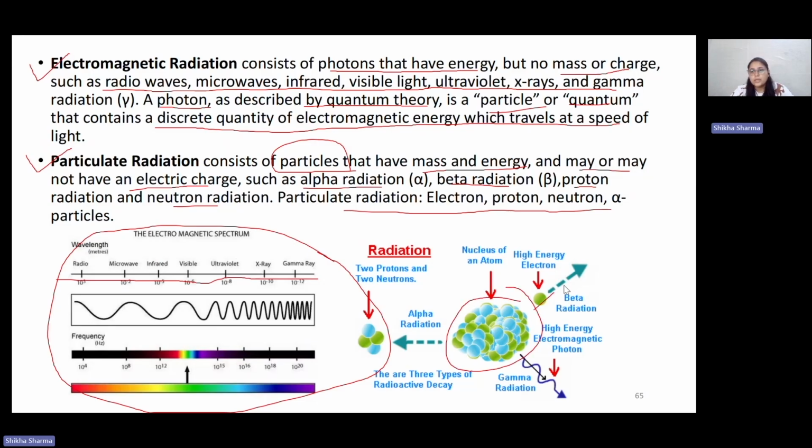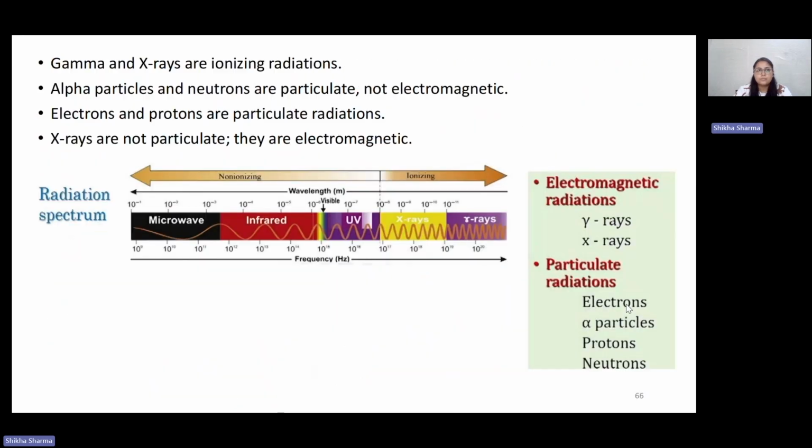From this, high energy electrons can be emitted, which is beta radiation, and then high energy electromagnetic photons are emitted, which is gamma radiation, and alpha radiations are the ones where two protons and two neutrons are emitted. From the nucleus, this radioactive decay occurs, and this kind of particulate radiation comes out. So gamma and X-rays are the ionizing radiations.